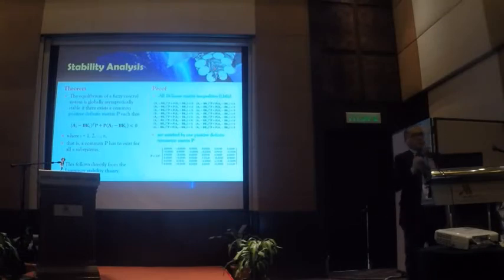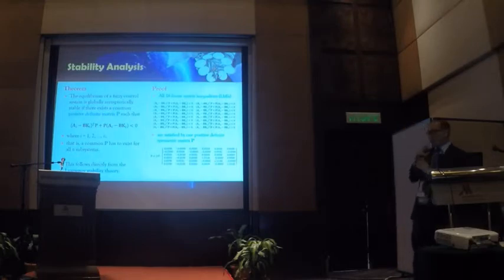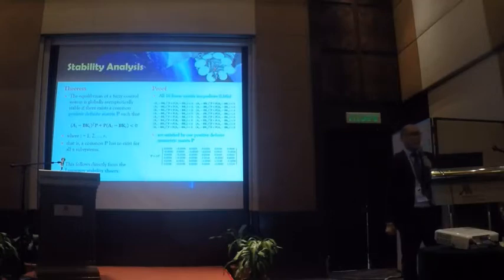For these 16 combinations, we need to find a common P which satisfies all these inequalities. Only then can we prove that the fuzzy control system is stable. And we have found a P, which is shown on the lower right.